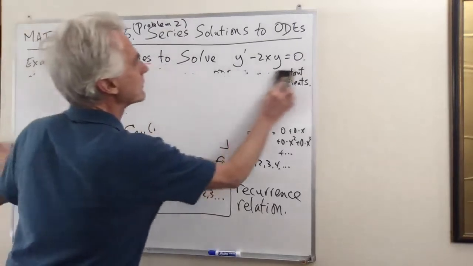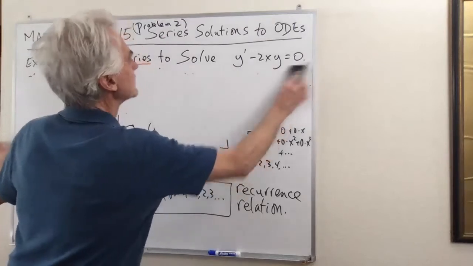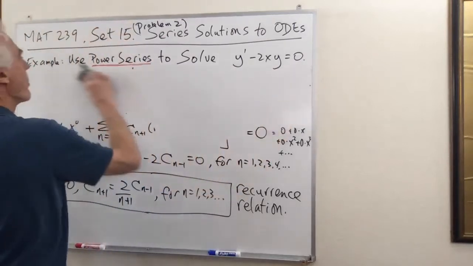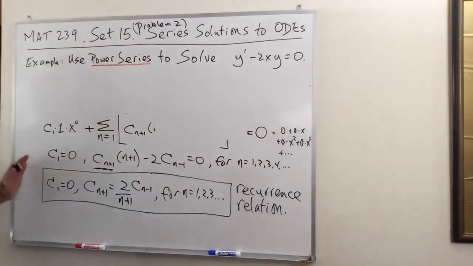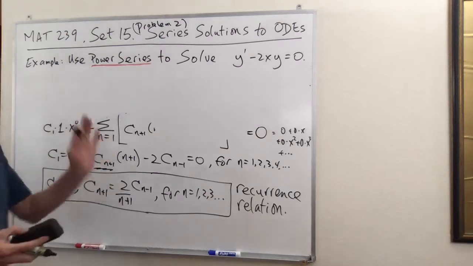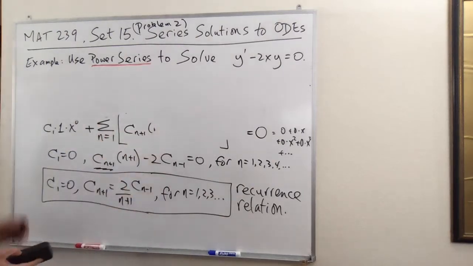So now the second step is to solve the recurrence relation. So the first step is to plug in the series solution and get a recurrence relation.